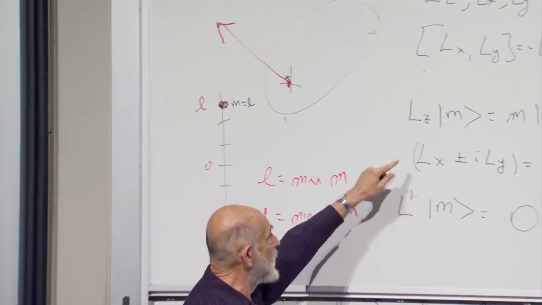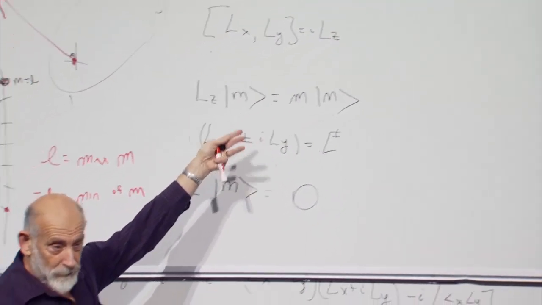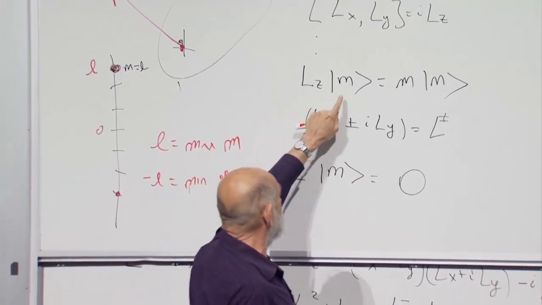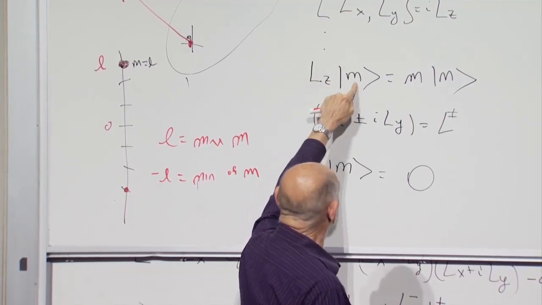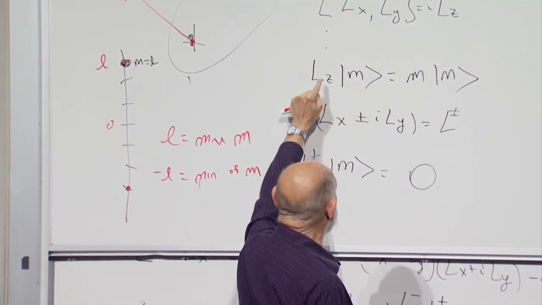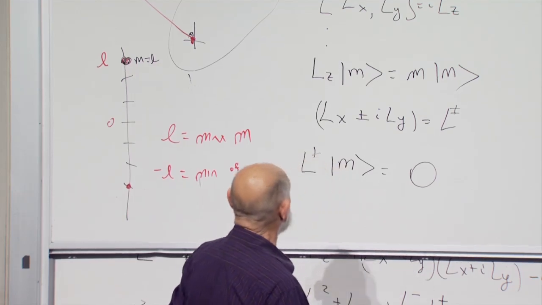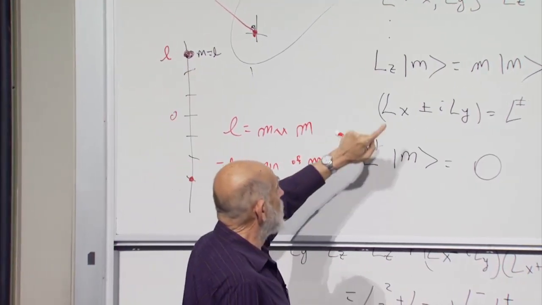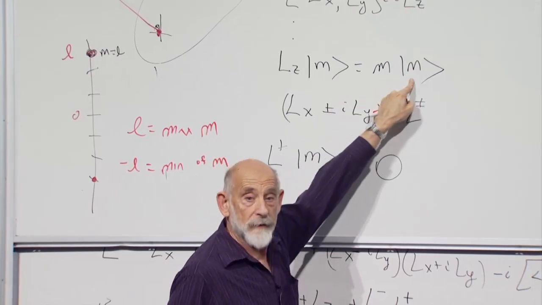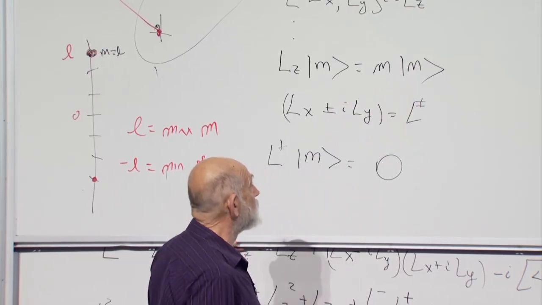Let's just go back a minute. Too many letters. I'm sorry for so many letters, but that's just the way it is. The state m was defined to be an eigenvector of Lz.